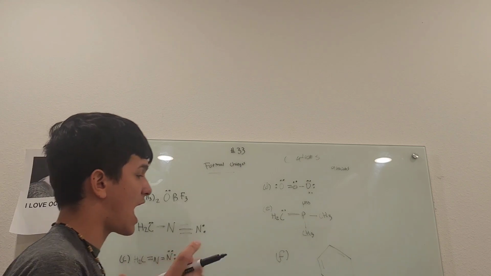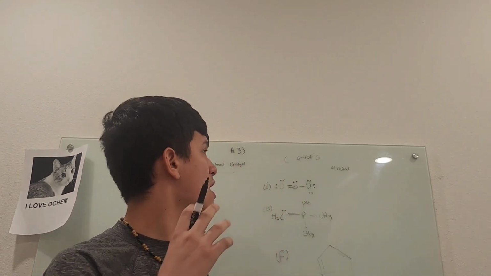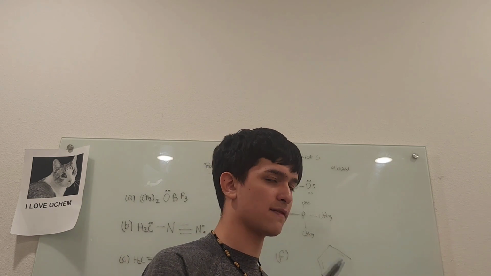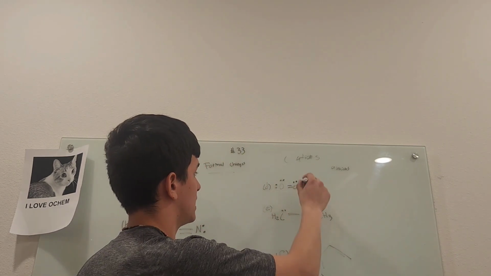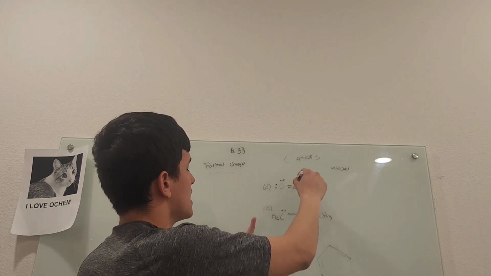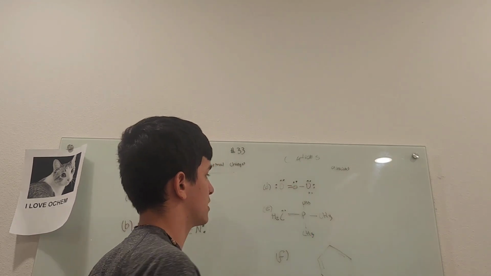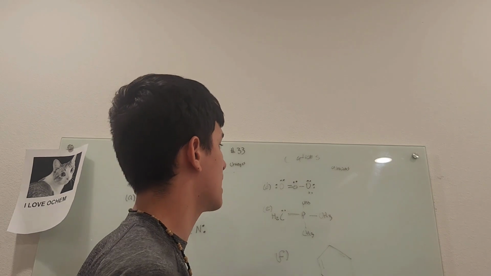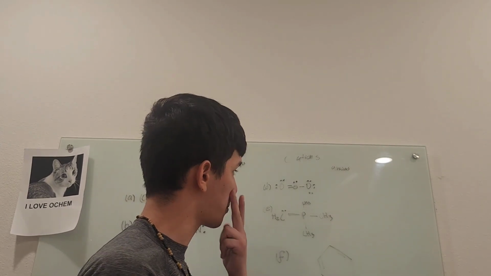So I have a shortcut, but the most sure way of making sure you get this right is looking at the element and counting how many electrons there should be in there, like counting the valence electrons and everything. And if it has an extra electron or extra bond, put in the charge.